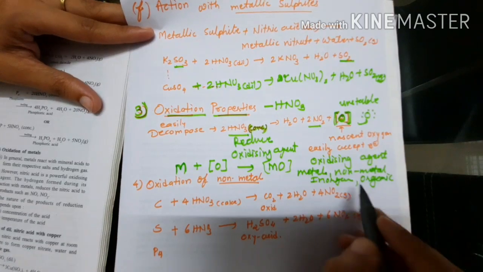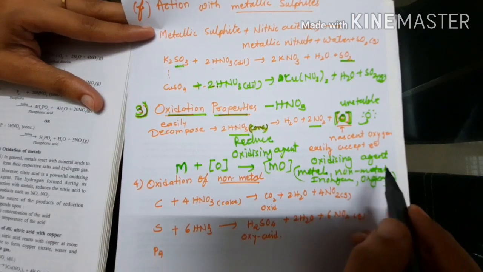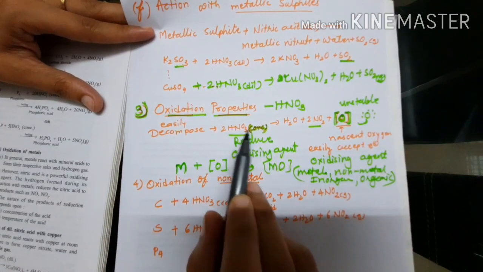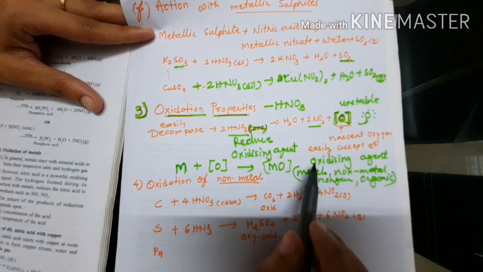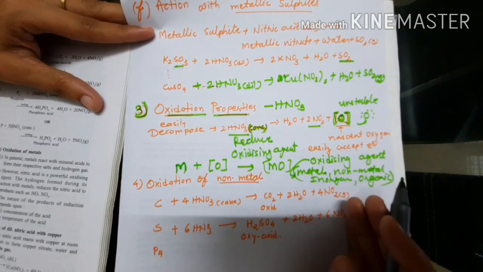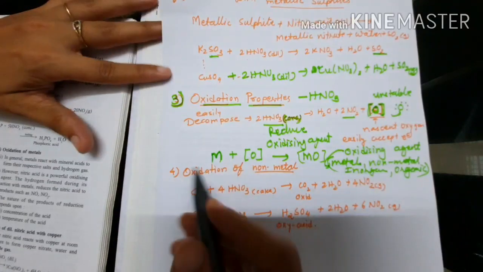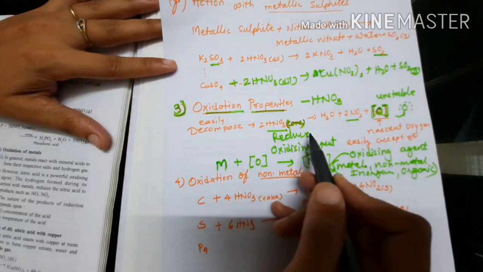So HNO3 oxidizes all of them. When we want to do an oxidation reaction, if we use HNO3, it behaves as an oxidizing agent and oxidizes metal, non-metal, inorganic and organic compounds. And the nitric acid itself is reduced, as I told.